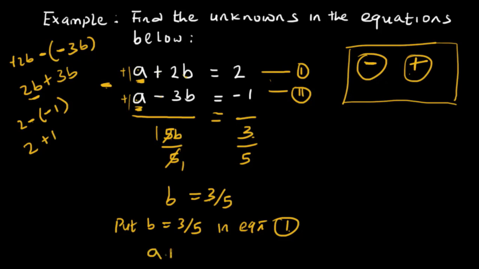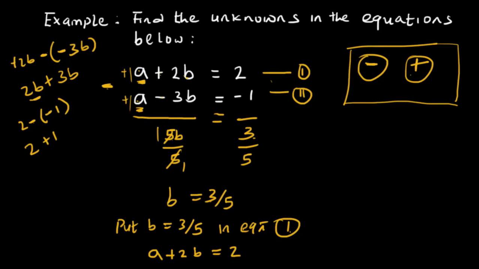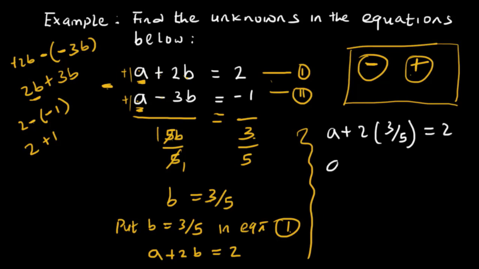So the equation is a plus 2b equals 2. Anywhere we see b, we call it 3 over 5. So I'll be having a plus 2 into bracket 3 over 5 equals 2. A plus, bracket means times, so 2 times 3 is 6. So I have a plus 6 over 5 equals 2.